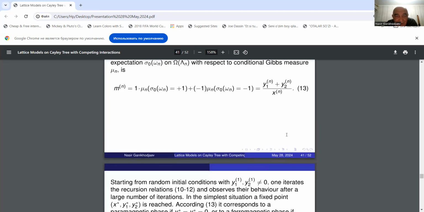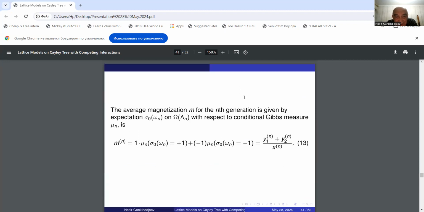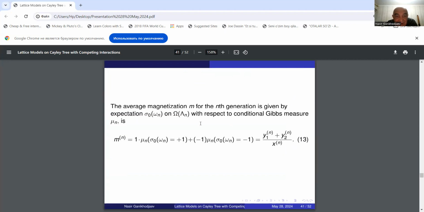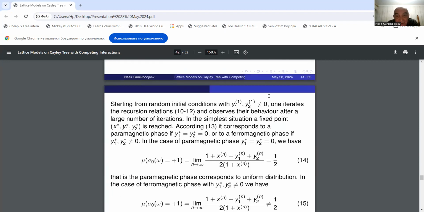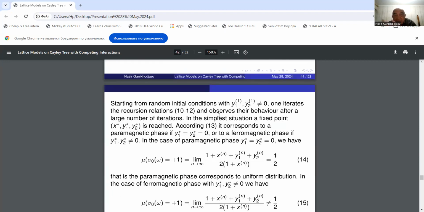So now we will investigate the recurrent equations, starting from random initial conditions for y1 and y2. We can iterate these previous recurrence relations and observe their behavior after a large number of iterations.